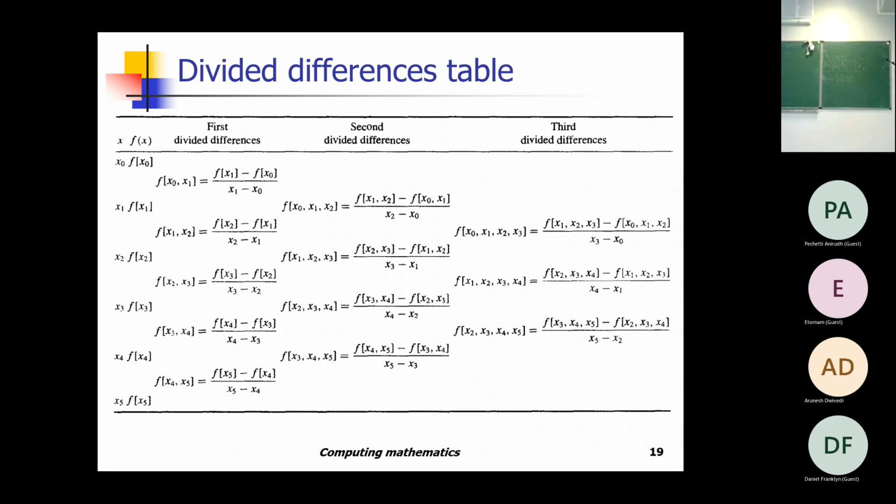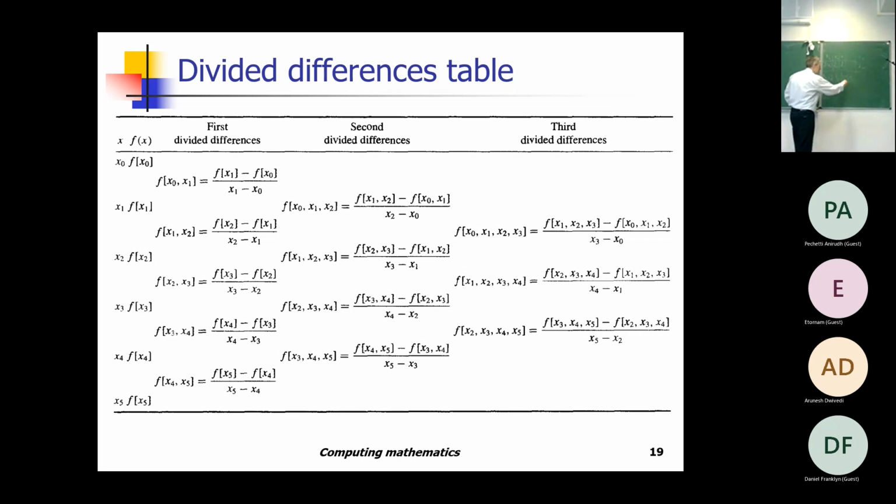Suppose I have 3 points, 0, 1, and 2. How many first divided differences? It will be 2, right? 1 minus 0 and 2 minus 1.